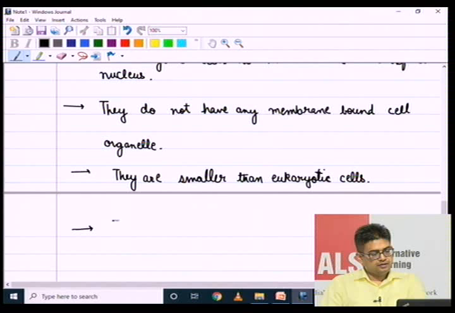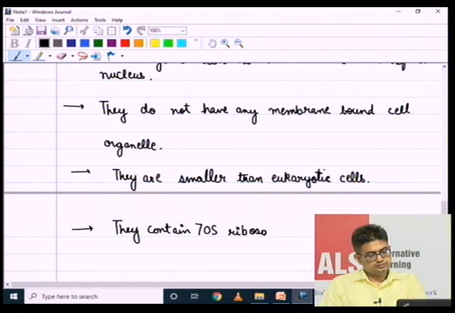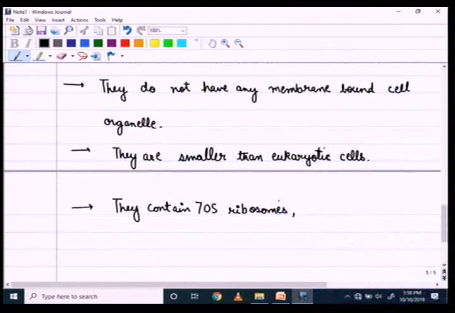They contain 70S ribosomes. Cell wall also they have.